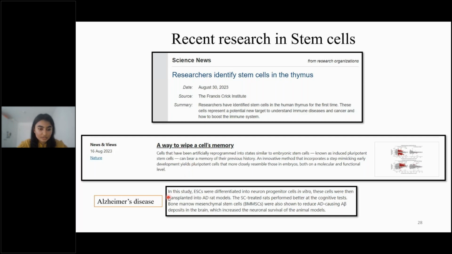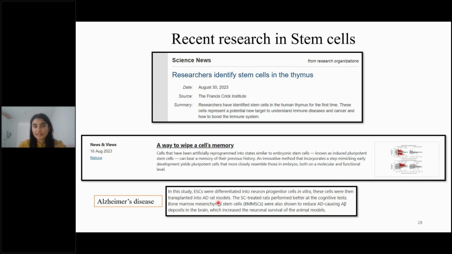Then Alzheimer's. This is also recent. They are using ESCs, which were differentiated into neuron progenitor cells. These are again basically stem cells. These were differentiated into neuron progenitor cells in vitro, and these cells were transplanted into rat models.